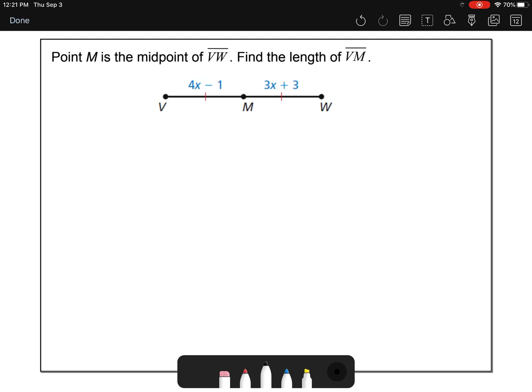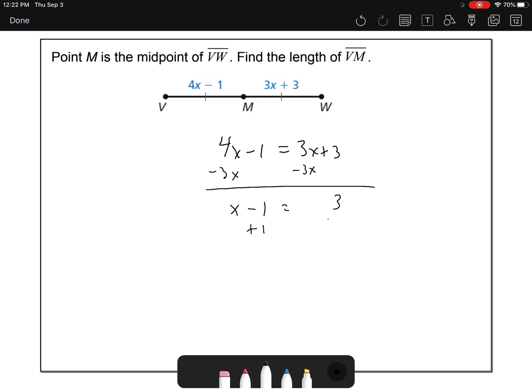All right, now point M is the midpoint of VW. What's the length of VM? Well, the two tick marks tell us that 4x minus 1 must equal 3x plus 3, right? So now all we got to do is find x, then plug it in to see what the length of VM is. So I always pick the larger x and move it that way.